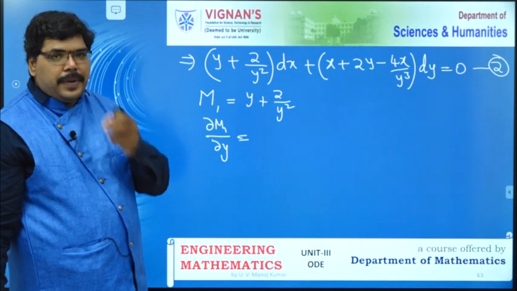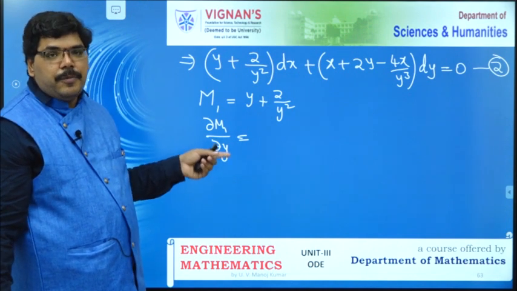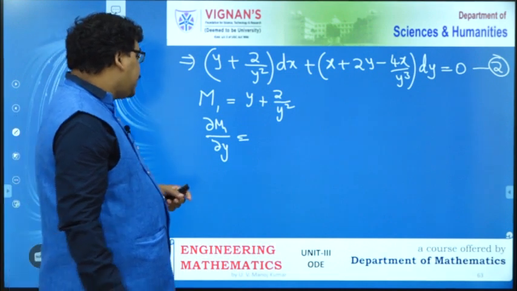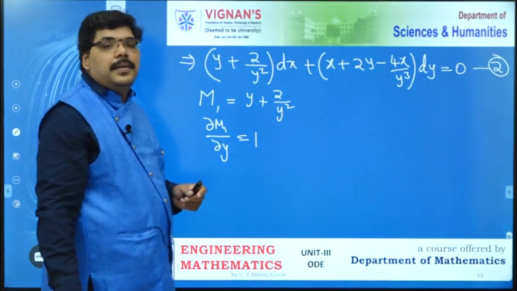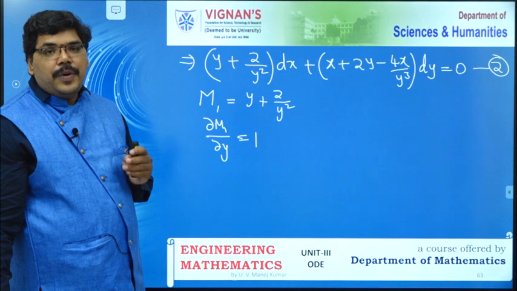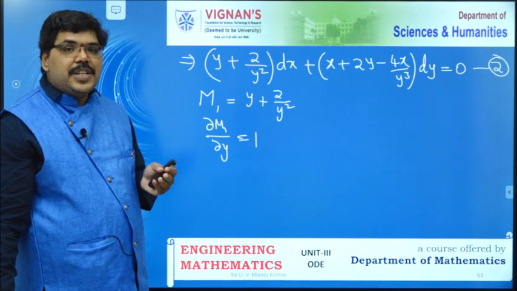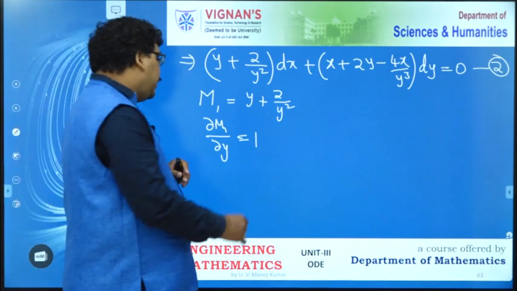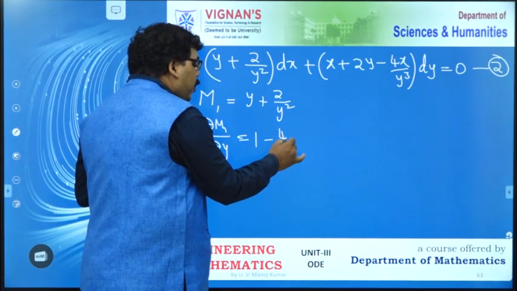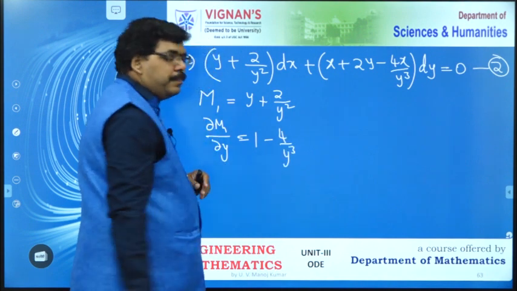Let us verify dou M1 by dou y. What will I get? 1 derivative of 1 by y square, derivative of y power minus 2 is minus 2 into y power minus 3. So minus 4 by y cube.